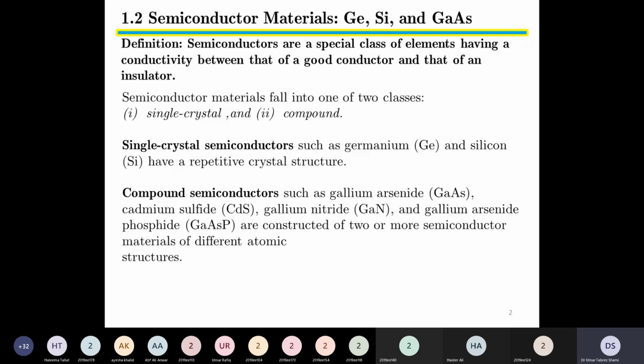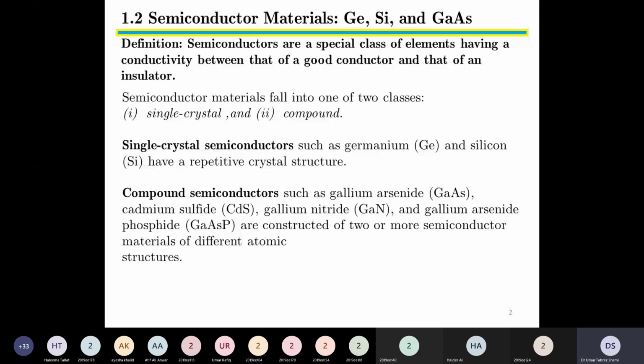Now, sometimes the word conductivity is confusing, whether it is electronic conductivity, thermal conductivity, or audio conductivity. In the case of semiconductors, the conductivity that we are referring to means electronic or electrical conductivity. The semiconductors have electronic conductivity in between that of a good conductor and that of an insulator.